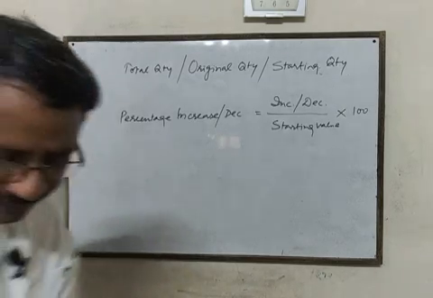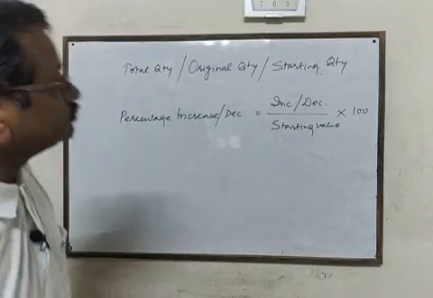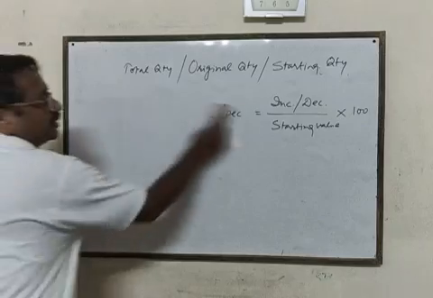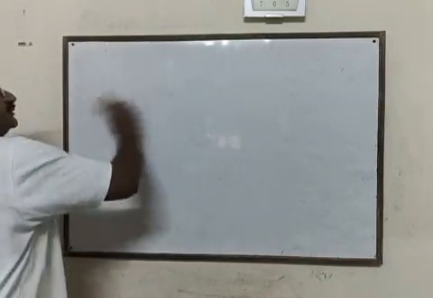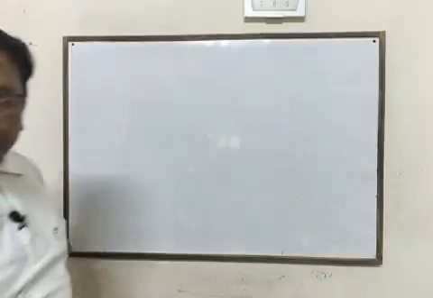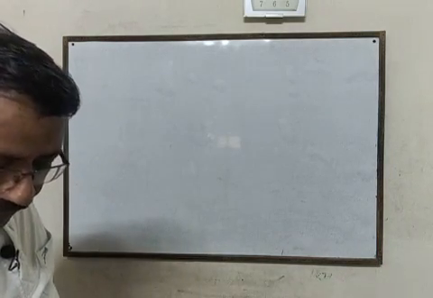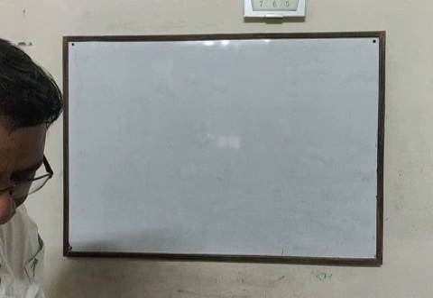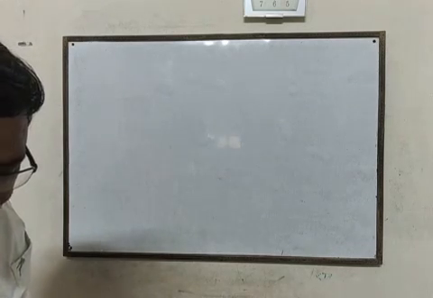So let us start with our exercise 8.2. The rest of the part related to application of percentage, that is profit and loss, interest, we will discuss later. Exercise 8.2, question number 1: convert the given fractional numbers into percents.